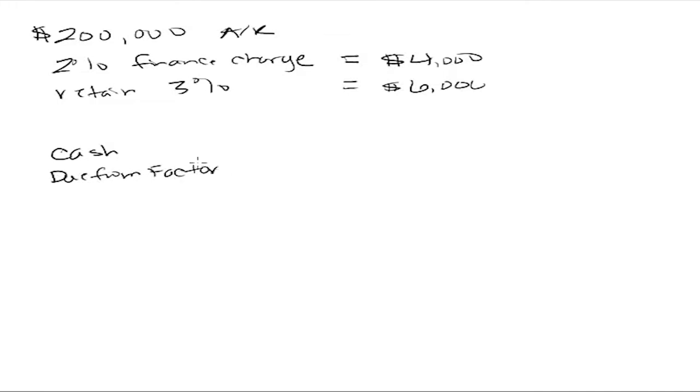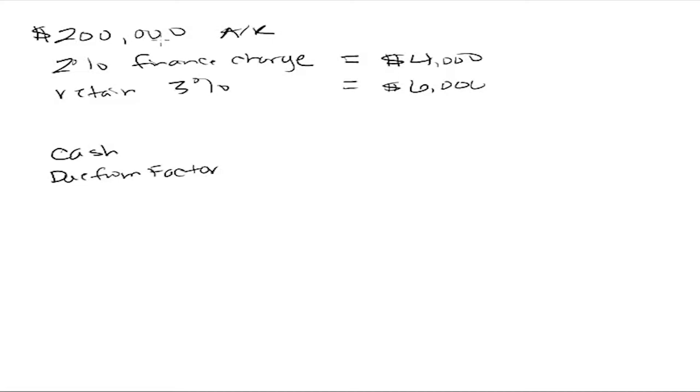Think about this if you're confused. Let's make it more simple. Let's say you had a $10 receivable, and you're going to sell it to me, and I'm going to give you $8 for it. But what happens if there was a discount tied to it?